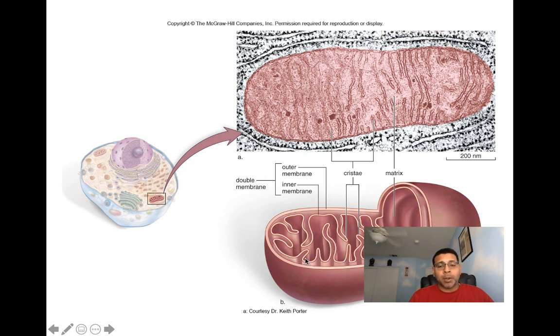Right? That's all of its structure. Now, when it goes to the inside, these little folds it forms here are called cristae. And these cristae are invaginating into the matrix. The matrix is a space right here in the center.